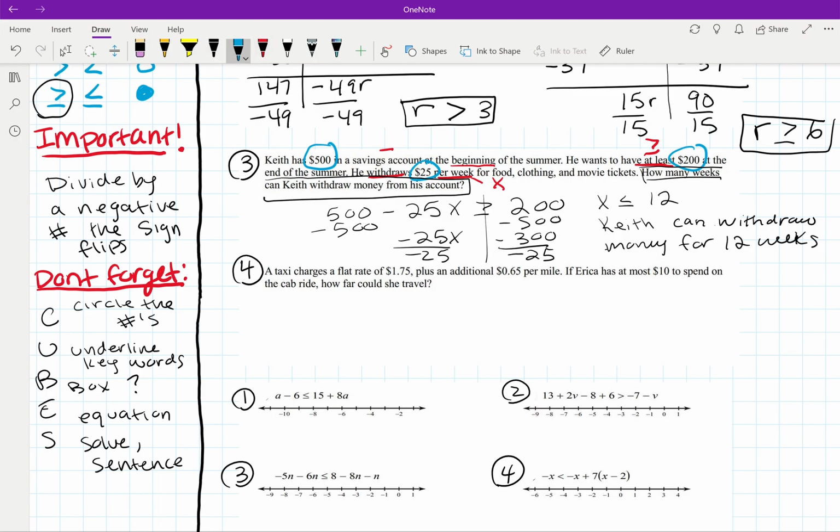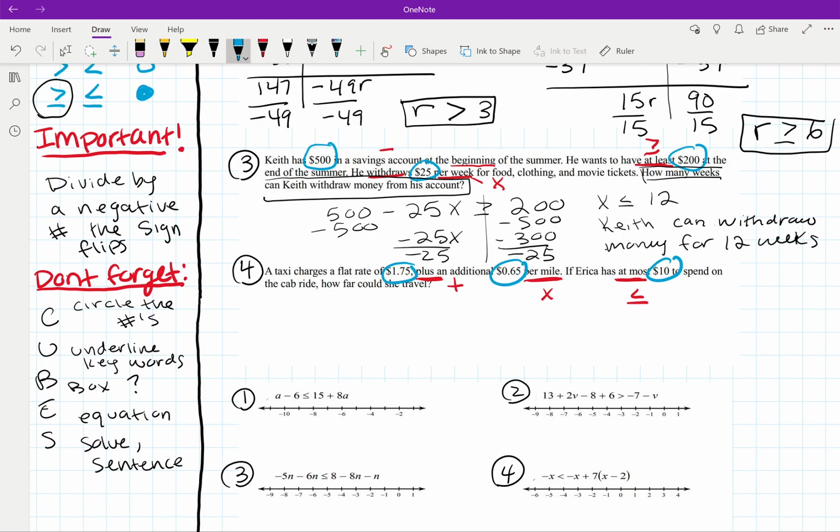First, I'm going to circle all my numbers. I have a number here, and a number here. Underline my keywords. It says a taxi charges a flat rate of $1.75 plus an additional 65 cents per mile. That's my variable X. If Erica has at most, which means less than or equal to, $10 to spend on the cab ride, how far can she travel?